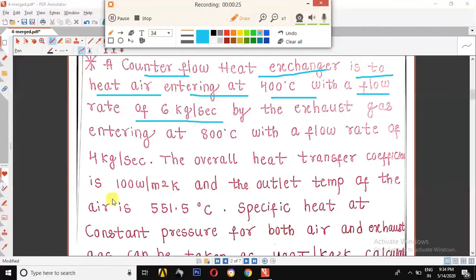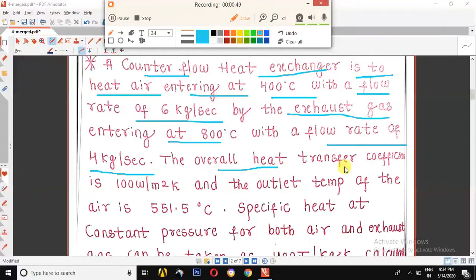The inlet temperature of the air is 400 degrees Celsius and the mass flow rate of the air is 6 kg per second, by the exhaust gas entering at 800 degrees Celsius with a flow rate of 4 kg per second.